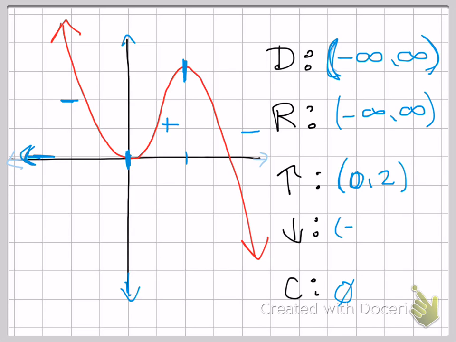So the first interval of decreasing is from negative infinity to 0. Then it picks up here at 2, and it goes forever. So from 2 to infinity, it will continue to decrease. Notice if I piece these three together, I would hit everywhere from negative infinity to infinity. So that's a way you can check yourself.